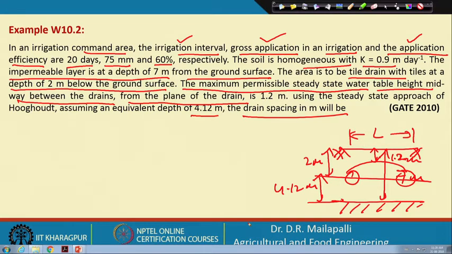Okay. So, here also, the drain spacing formula, small q is equal to 8 k d h divided by L square plus 4 k h square by L square. So, the values are here. h you can find out like 2 minus 1.2, you get small h.